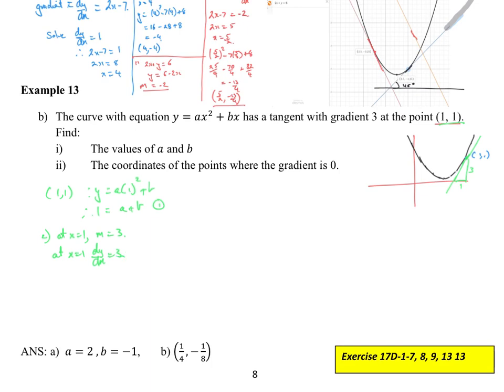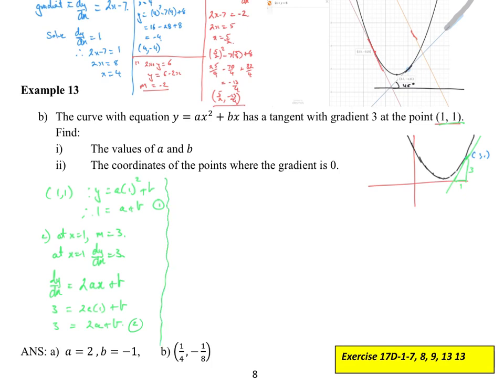So if I work out the derivative, dy dx is equal to 2 comes out the front, multiplies ax, because a is a constant, plus b. All right. And if I now substitute x equal to 1 in, the derivative is equal to 3. So 3 is equal to 2a times 1 plus b. So 3 is equal to 2a plus b. There's equation 2.